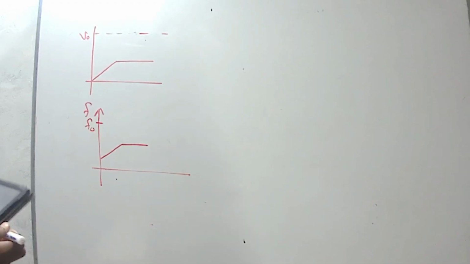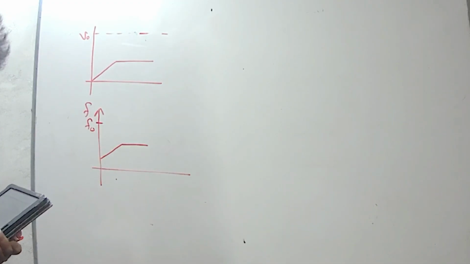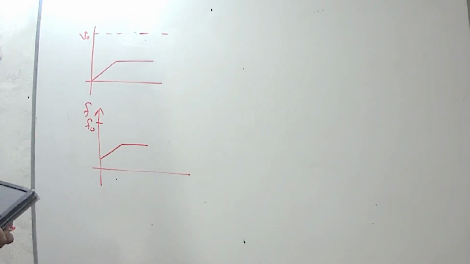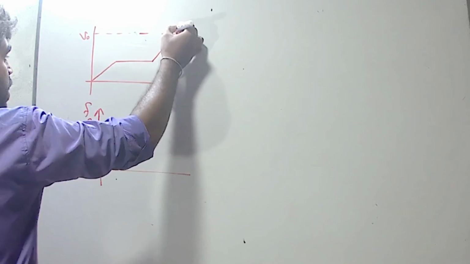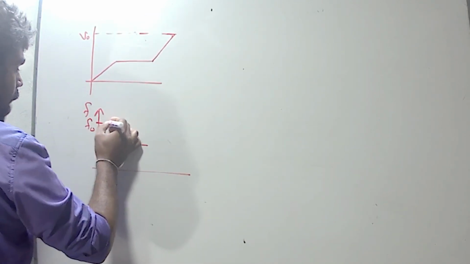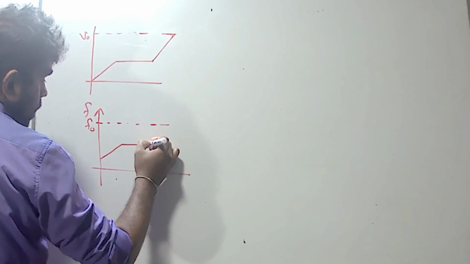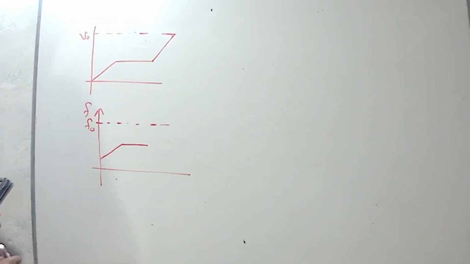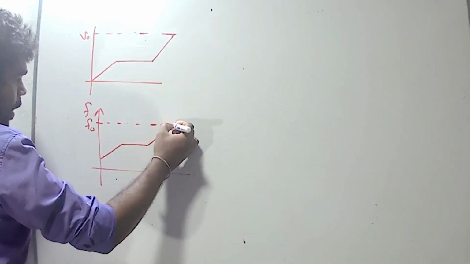Therefore, the apparent frequency is less than the real frequency. And then again the car accelerates like this. Its final velocity is V0. Therefore, the car can hear the actual frequency in the final situation.